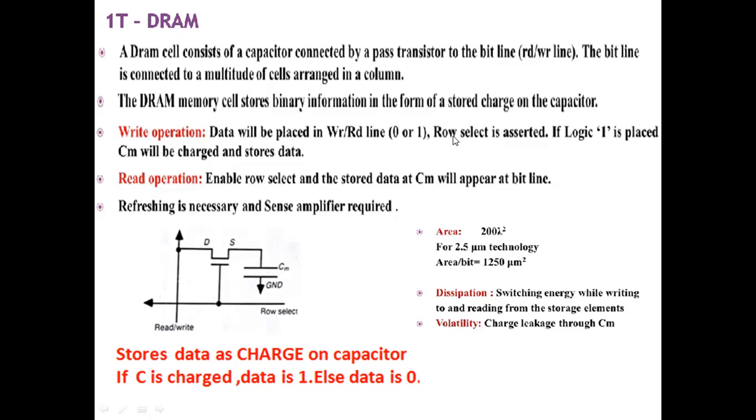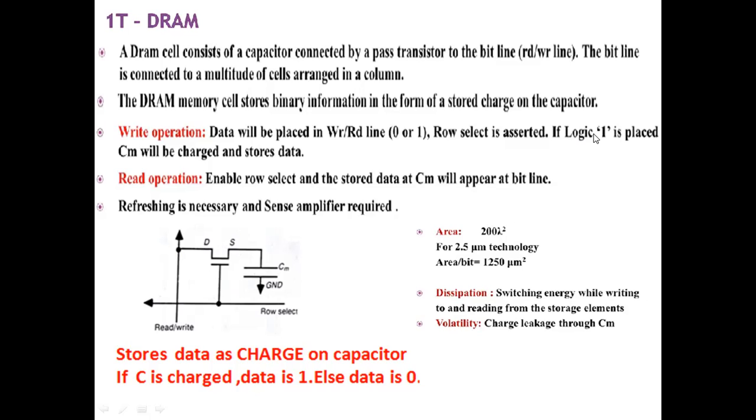Now the row select is activated. Once the row select is activated, the gate will be applied with the value of 1, hence the so-called pass transistor will be turned on. Once it is on, I can expect an easy path via the transistor, hence this separate capacitor can charge for this value applied at the read write signal.